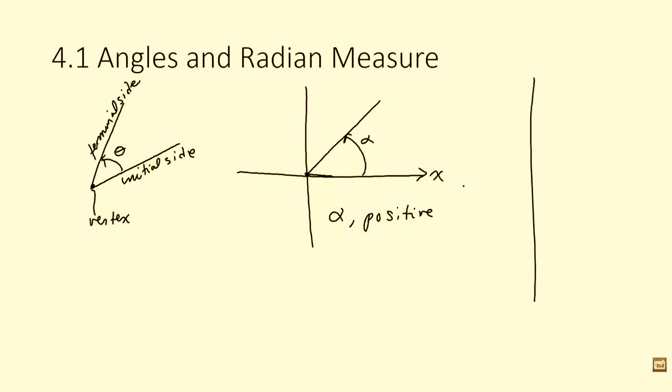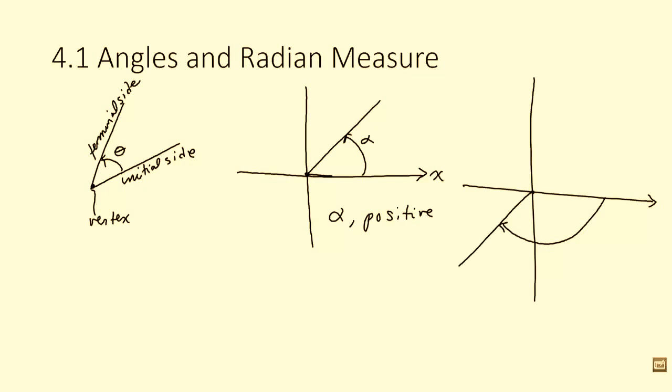Another angle drawn in standard position. Again, the vertex has to be at the origin. We begin the initial side along the positive x-axis. So let's say this is my angle.